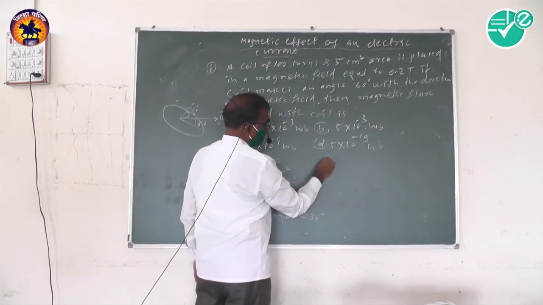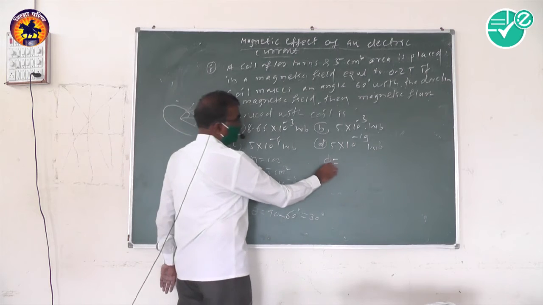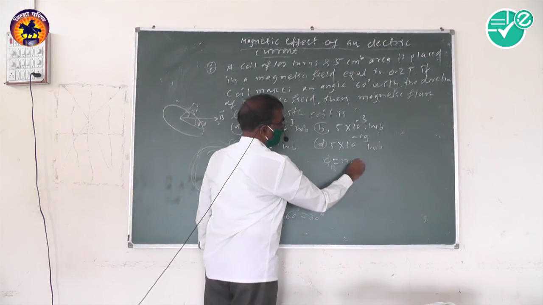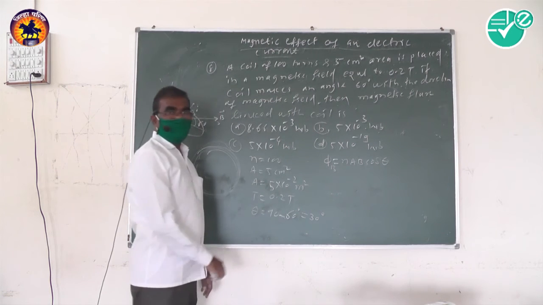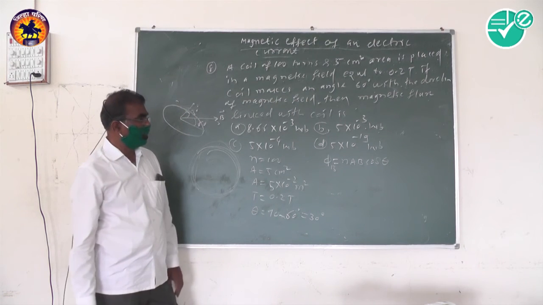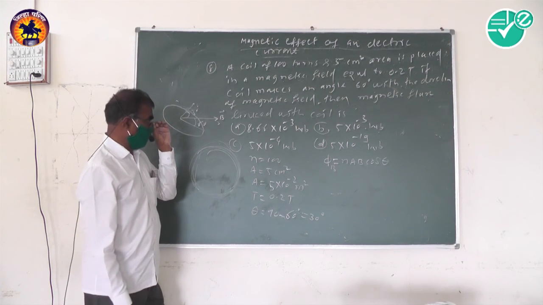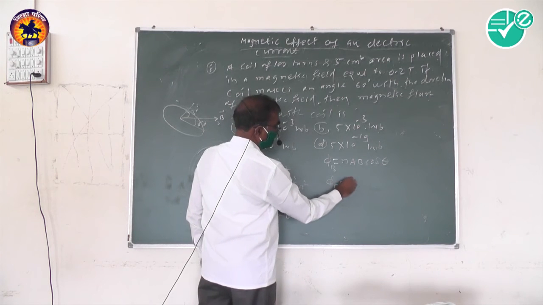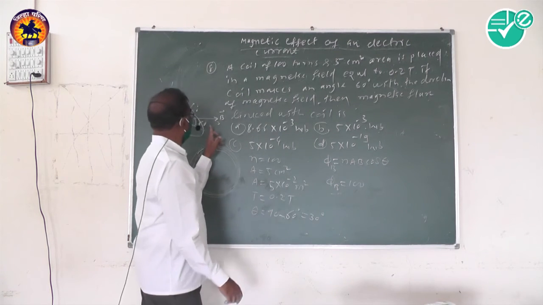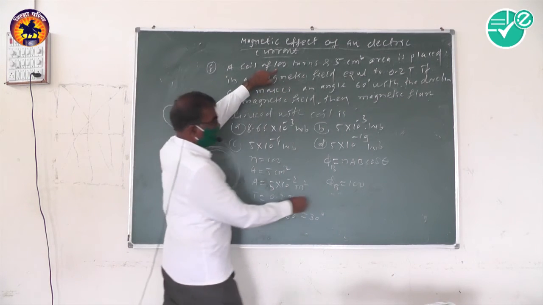Phi B, the magnetic flux, is equal to NAB cos theta. N is the number of turns, A is the area, B is the magnetic induction, and theta is the angle between B and the normal vector. Phi B is equal to number of turns, 100.